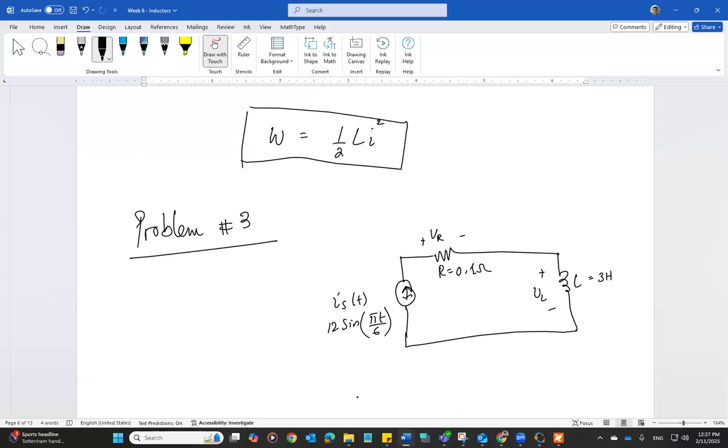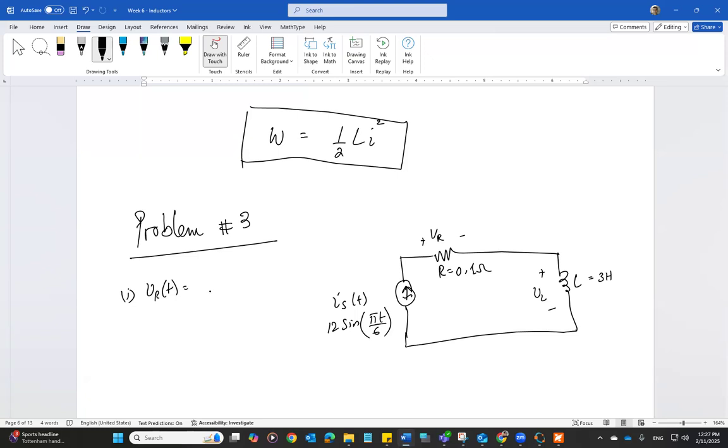And we have to find out first the two voltages. Now, since this is a single loop circuit with a current source, the current of the current source is going to be the same passing through both components.